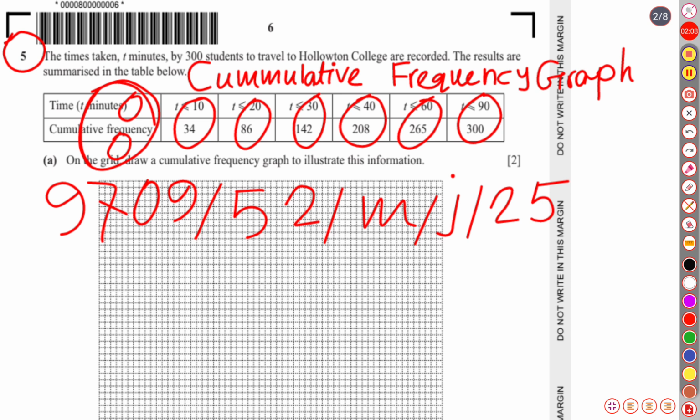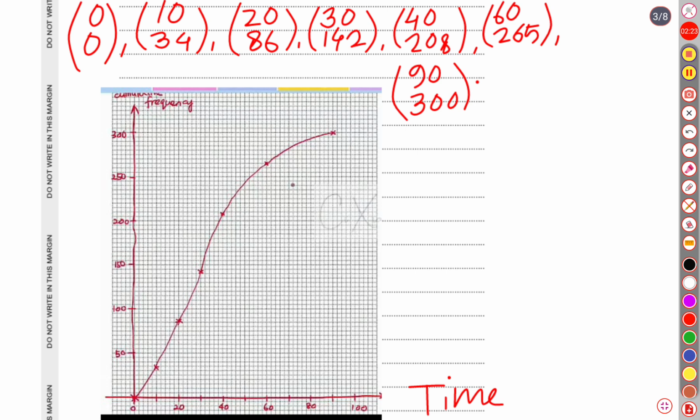So what are our points? We have (0, 0), (10, 34), (20, 86), (30, 142), (40, 208), (60, 265), and (90, 300). Let us plot all of these points. So this is the graph of the given information. The graph may not look exact, but it will look somewhat similar to this if you draw it, so please be careful to plot the points accurately.